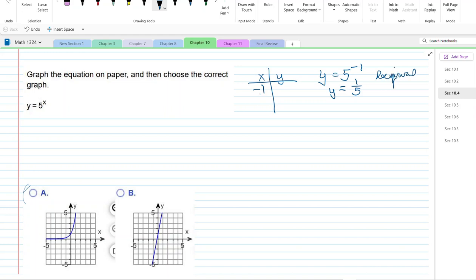So what is happening here? It's small, right? So let's do 0. Ooh, that's that 0 rule. y equals 5 to the 0. That means y is 1, by the 0 rule. All right, well, if we have 1, y equals 5 to the 1, well, then we have 5.